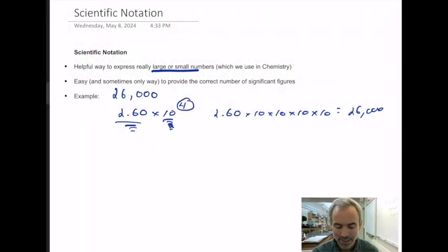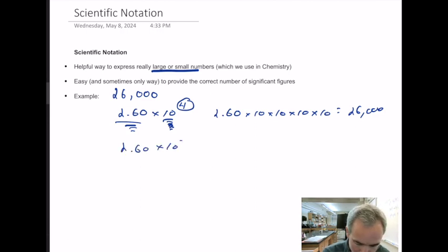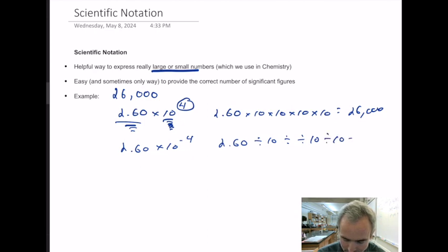Okay, so in a similar way, if I had 2.60, but in this case times 10 to the minus 4, that negative 4 means divided by 10 4 times. So that would be 2.60 divided by 10, divided by 10, divided by 10, divided by 10. Okay?